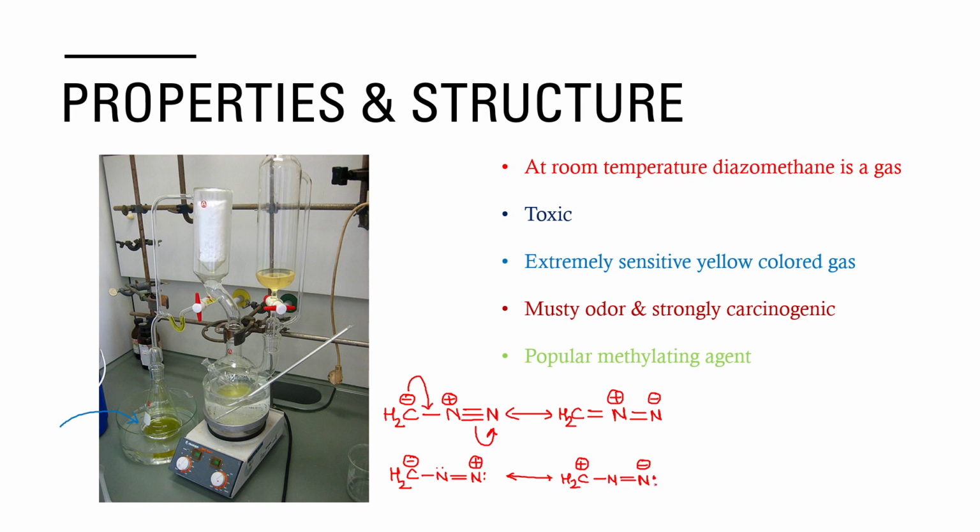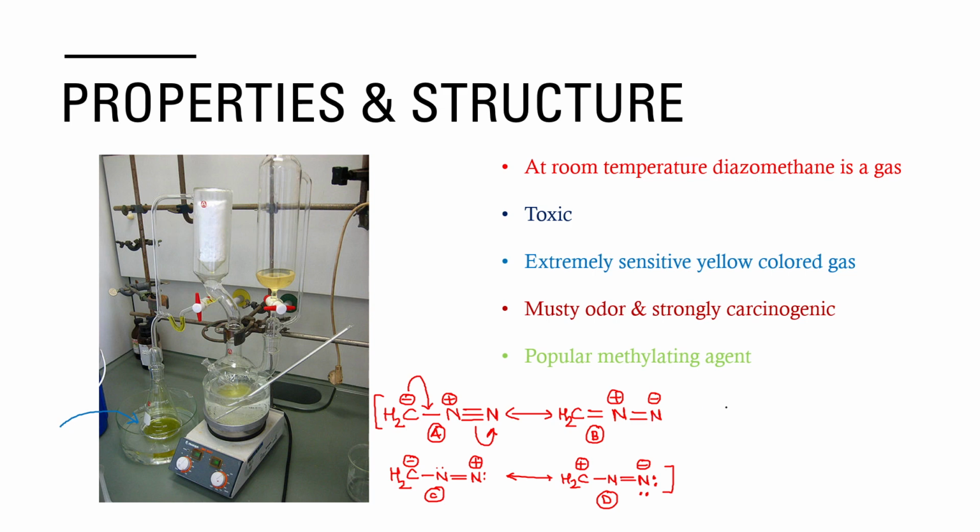so in this case यहाँ पे दो लोन पेयर हो जाएंगे. अगर आपको किसी ने बोला कि let's say this structure is A, this structure is B, this structure is C, and this structure is D, and you have to arrange them in their relative order of stability, then the first rule is that if something has lesser number of bonds, it will be less stable. So A and B have to be more stable than C and D. Between A and B, B will be more stable because the negative charge resides on nitrogen.